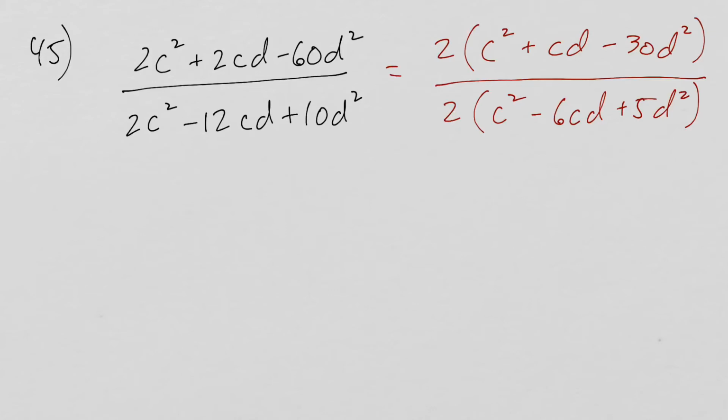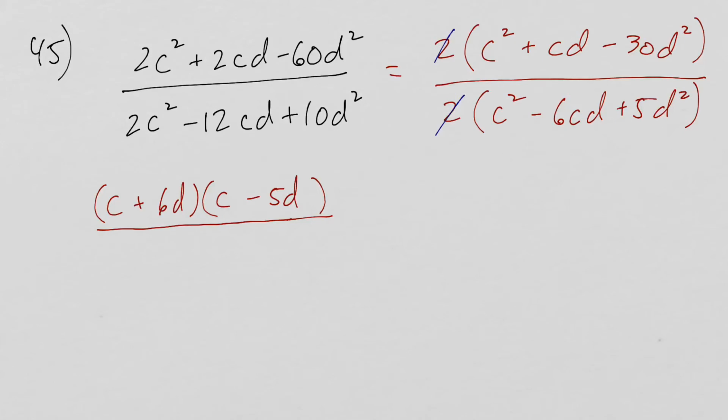And right off the bat, those 2's can cancel. And then I'm going to factor out what's left on top. So we have a leading coefficient of C, so that's just going to be of C squared, so that'll be C and C. We're trying to get to 1. So plus 6D minus 5D. That'll do it on top.